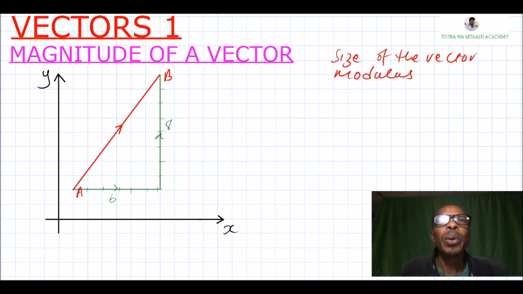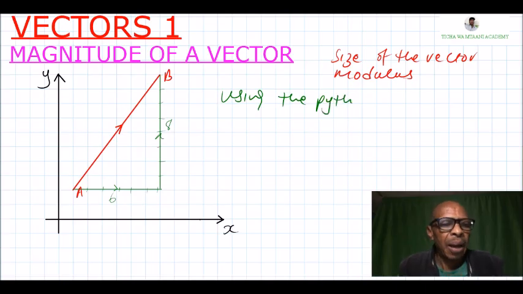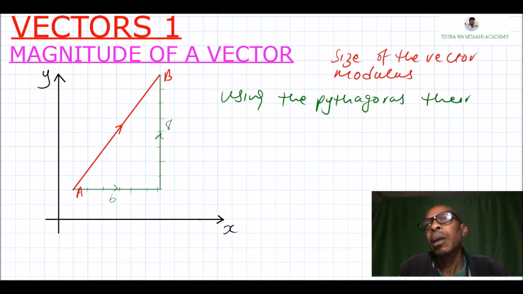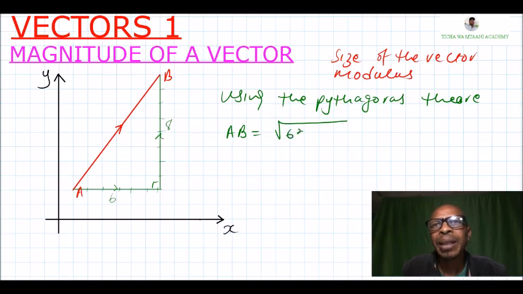So we can use the Pythagoras theorem. We use the Pythagoras theorem because this is a right angle triangle. So we say AB is equals to the square root of 6 squared plus 8 squared.